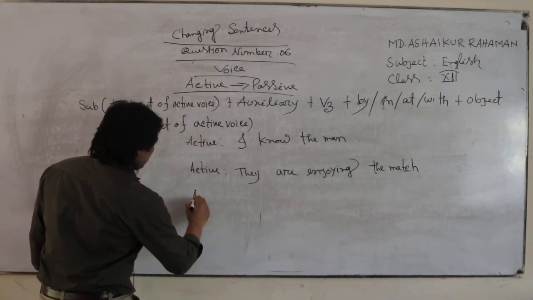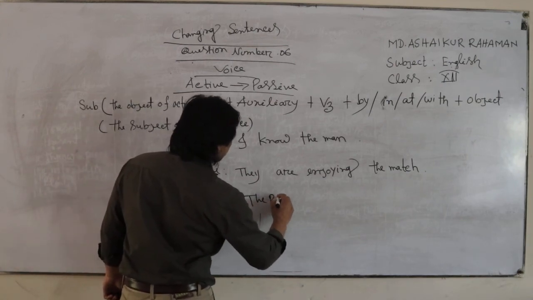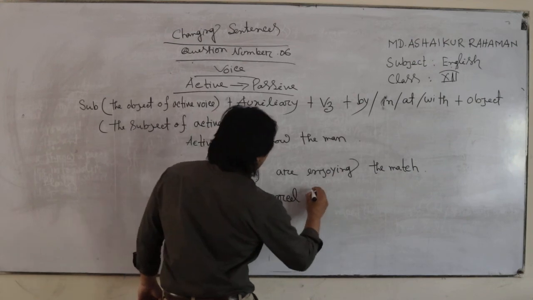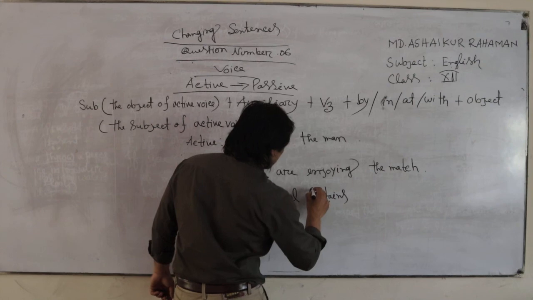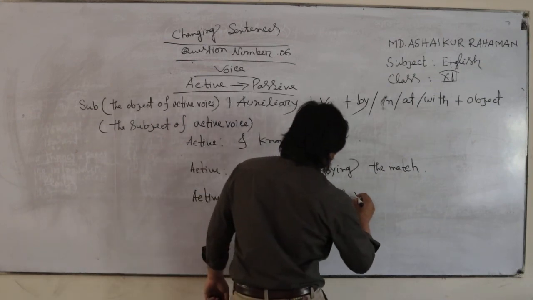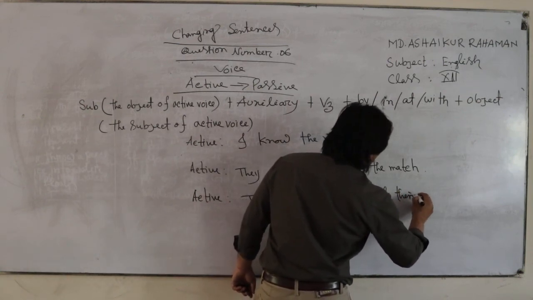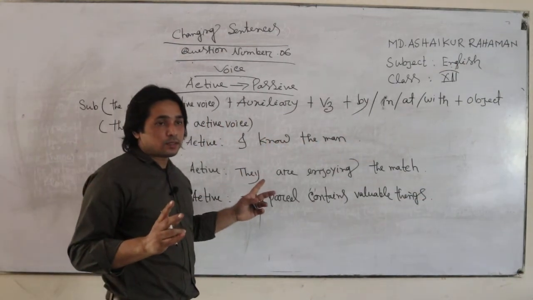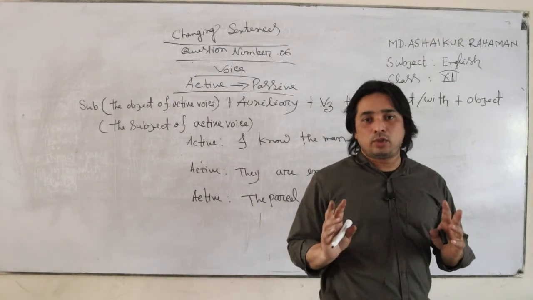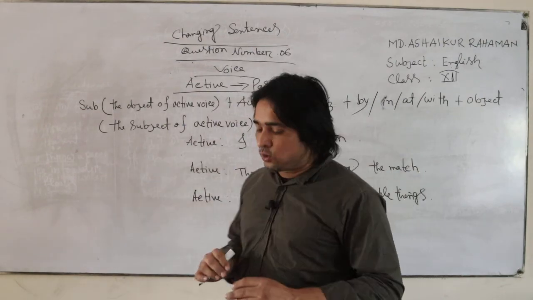And the third one is: the parcel contains valuable things. So here are 3 examples on the board, and we have to solve these problems related to voice.